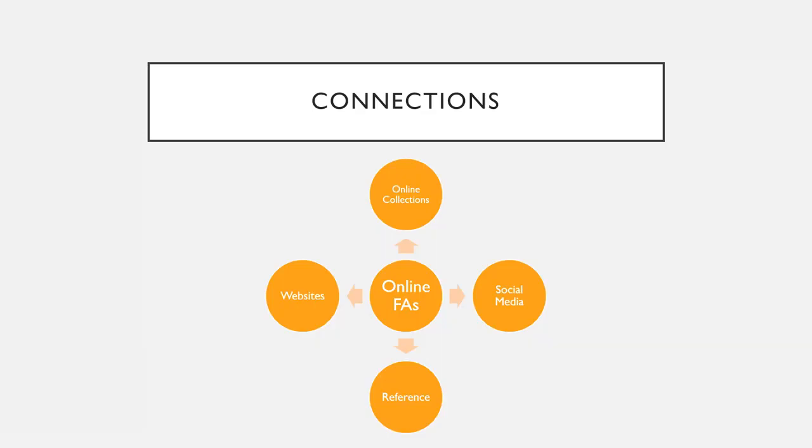Online finding aids that have tools and other features that meet researcher expectations are going to allow researchers to be a little more self-sufficient, to locate the information that they're looking for on their own. And that's going to result in less work for an archives reference staff. So it can really shift the work from reference staff to the researcher themselves.